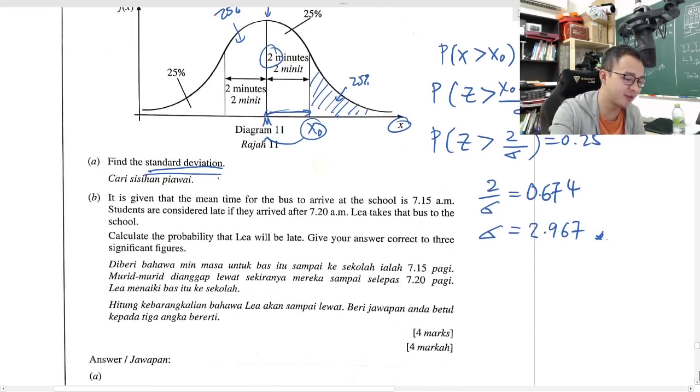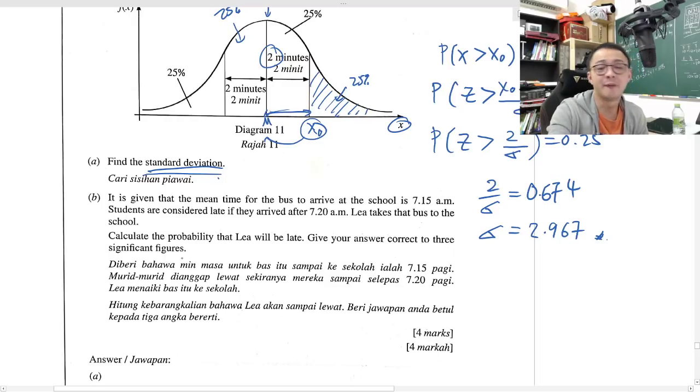Alright. Then the second part, they say that given the mean of the bus arrival is 7.15, the students are considered late if they arrive after 7:20 a.m. If Lead takes the bus to the school, calculate the probability he will be late, and give your answer correct to 3 significant figures.